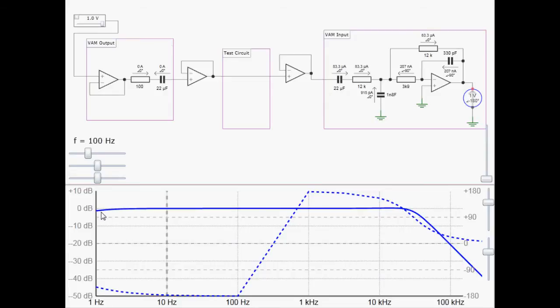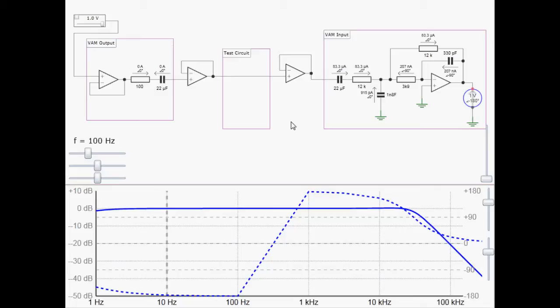It starts to dip a little at the low end, and the phase also is not a constant 180 degrees. It's 180 degrees rather than naught, because this filter circuit here, the VAM input, actually inverts the signal. But it's not a constant 180 degrees.